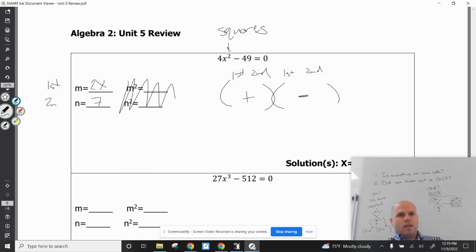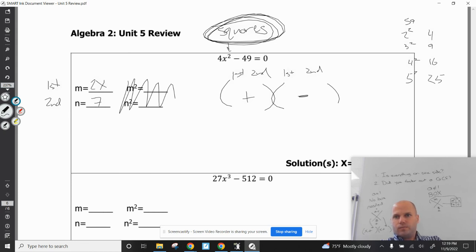Notice I'm not looking at cubes, I'm looking at squares. Perfect squares like 2 squared is 4, 3 squared is 9, 4 squared is 16, 5 squared is 25. This is different from cubes. Two cubed is 8, 3 cubed is 27, 4 cubed is 64, 5 cubed is 125, 6 cubed is 216. So here we get 2x plus 7, 2x minus 7.